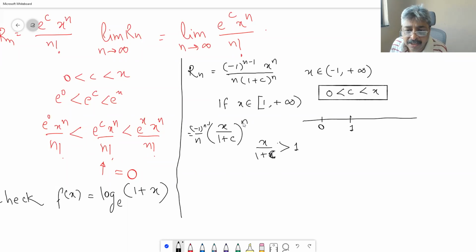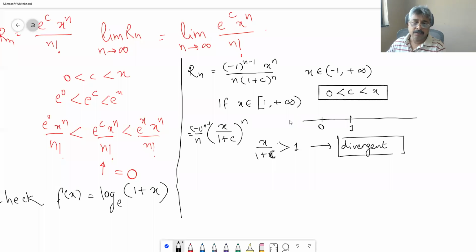And anything greater than 1 raised to n, which is tending to infinity, is divergent. Correct? And therefore, this series that we have developed for log 1 plus x is not going to be behaving well if the x value is greater than 1 for sure. So we cannot use it for this interval. We cannot use it. Okay.